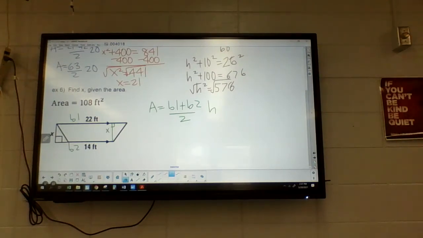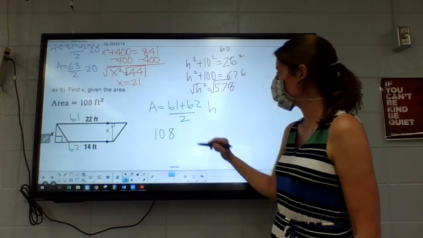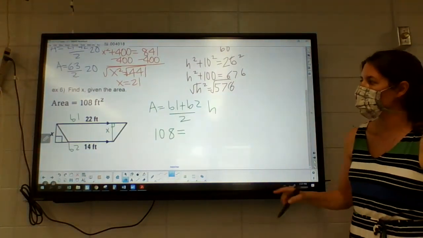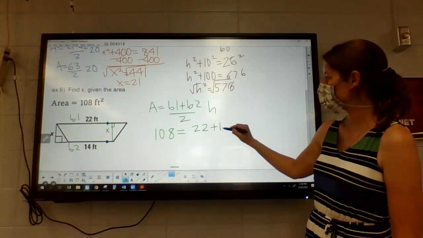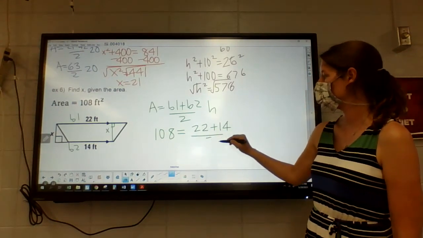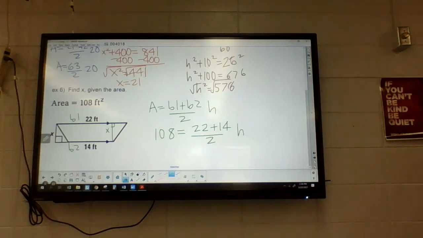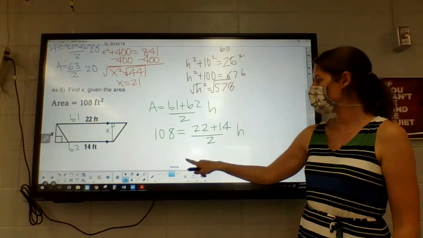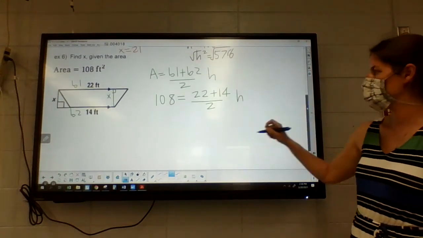So our area is 108, our base 1 is 22. Our base 2 is 14. Divide by 2 times the height. I don't know what that is, but we can simplify a little bit and solve for this. So 22 and 14 is going to be 36.